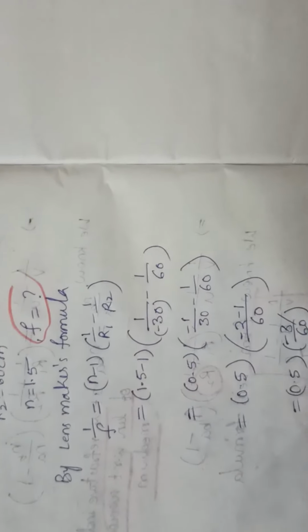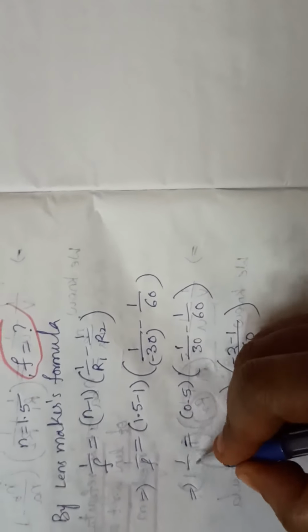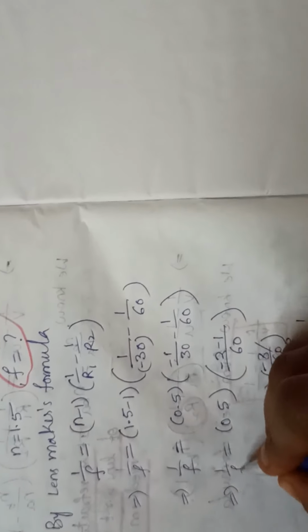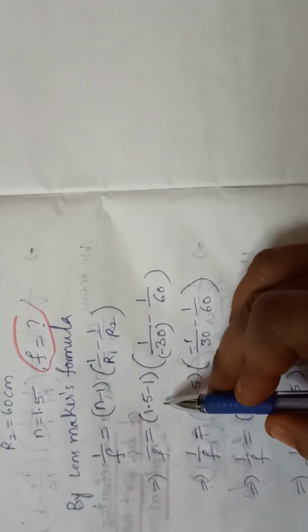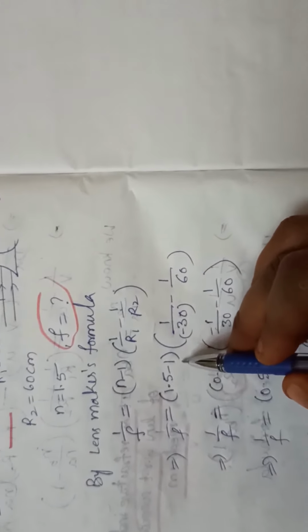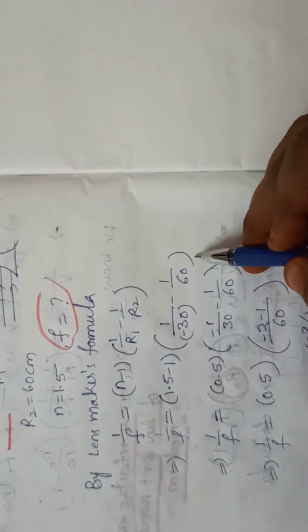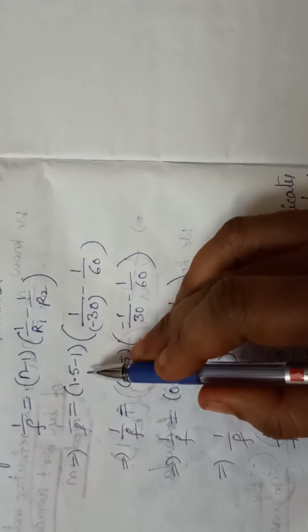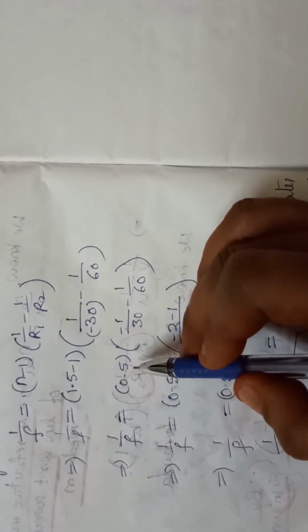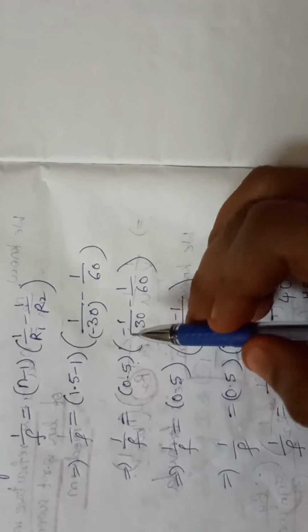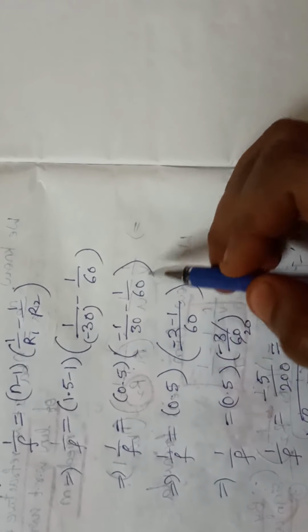1 by F is equal to, I am substituting n value as 1.5 minus 1, into (1 by minus 30 minus 1 by 60). So 1.5 minus 1 means 0.5, into (minus 1 by 30 minus 1 by 60).